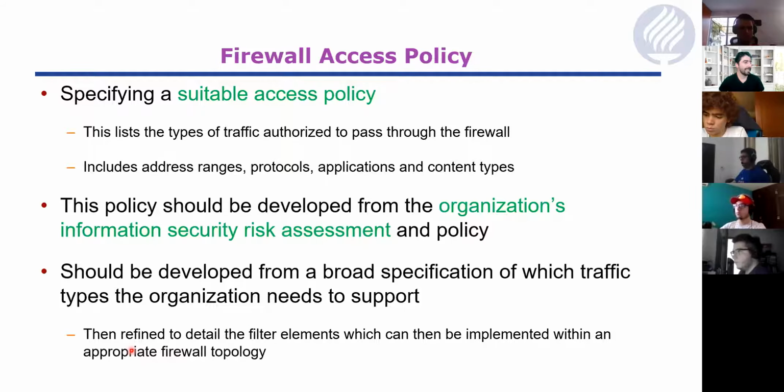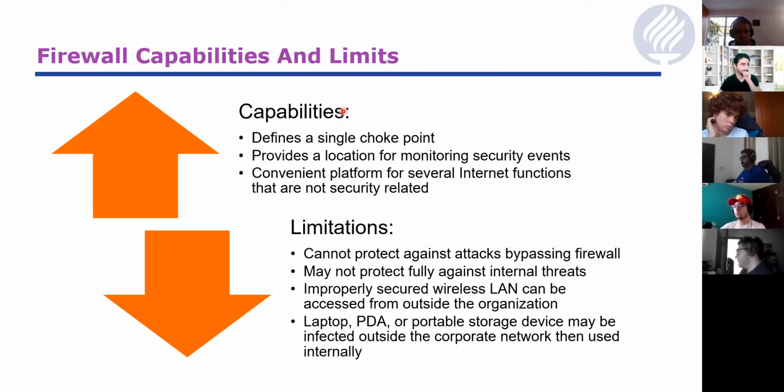So then you want to refine and define the details, the filter elements, which can be implemented within an appropriate firewall topology. So you have to know basically the organization's information security risk assessment in order to come up with your suitable access policy, and then carefully set that firewall access policy with those requirements.